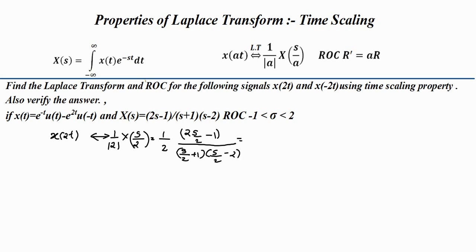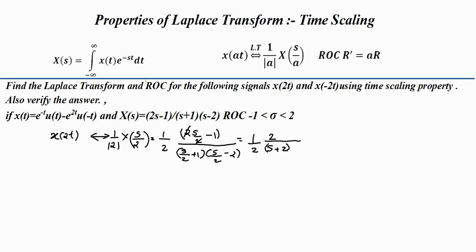If you simplify this, these two cancel. Simply it's s minus 1, and if you take the LCM here, 1 by 2, and here it becomes s plus 2, and the denominator 2 becomes 2 here.